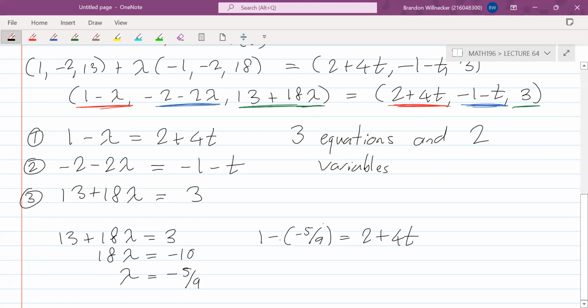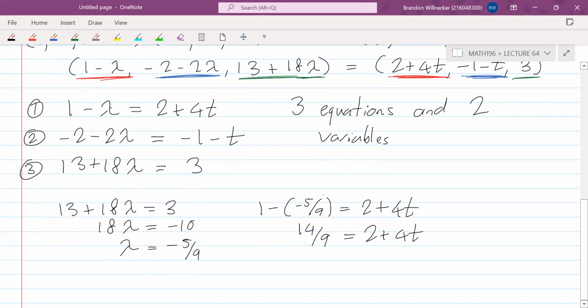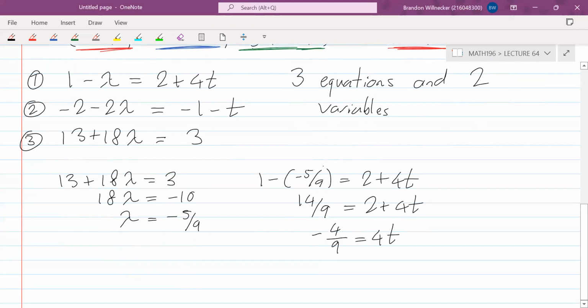So 1 plus 5/9, we can write that as 14/9, equals 2 plus 4 times t. We can take the 2 across and we get minus 4/9 is equal to 4 times t, divide by 4, so t is equal to -1/9.